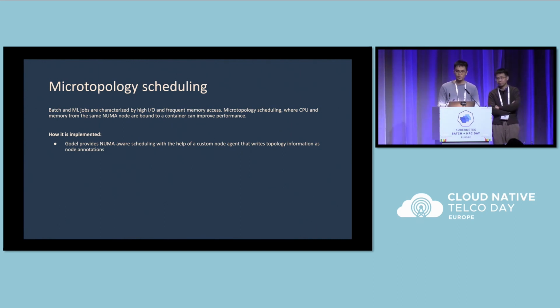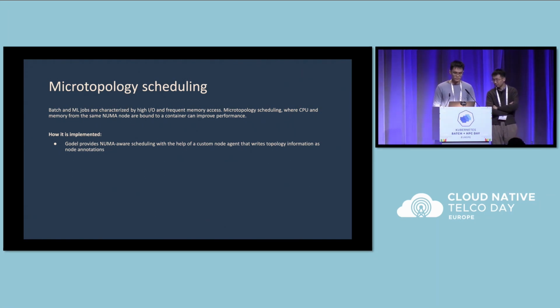While the kubelet now supports NUMA binding using topology manager, the native kube scheduler still lacks support for micro-topology scheduling. So we use a custom node agent that writes topology information as node annotations, and the Godot scheduler is able to process this information to make its scheduling decisions.